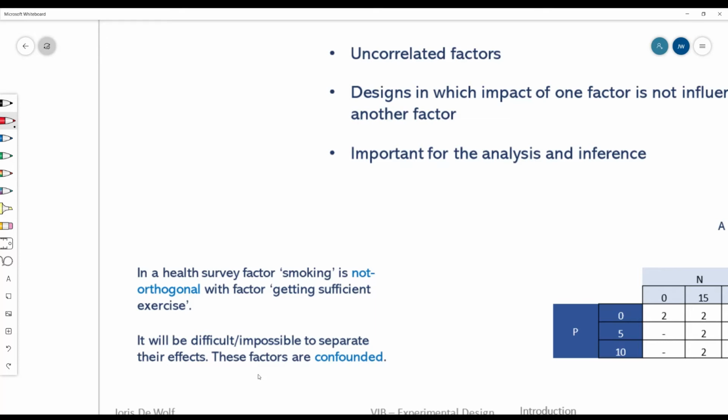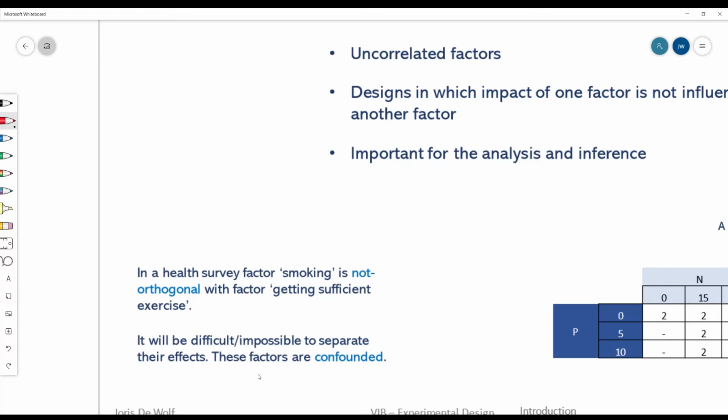Now, those two factors are often in reality very much correlated with each other. Smokers are getting less exercise in general. Therefore, it will also be very difficult in your data analysis to disentangle those two factors. And that is exactly what we would like to avoid in experiments.